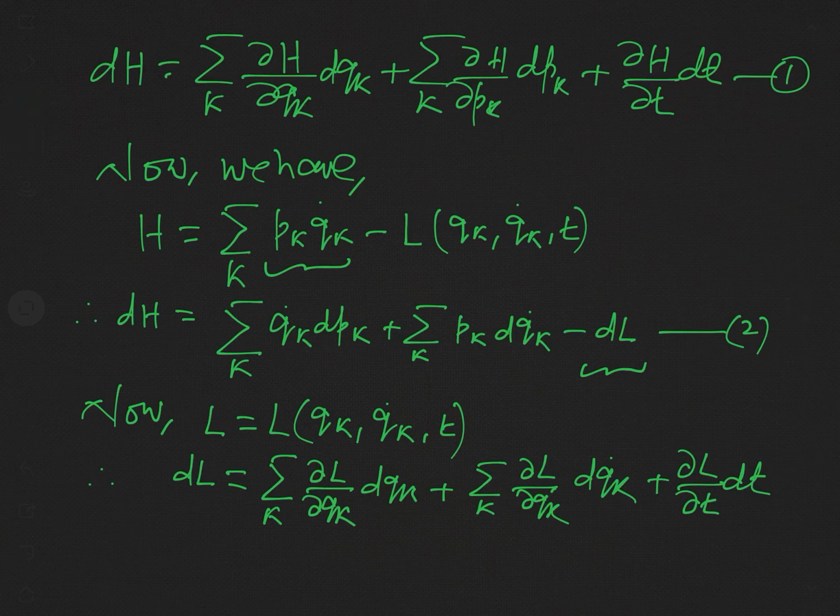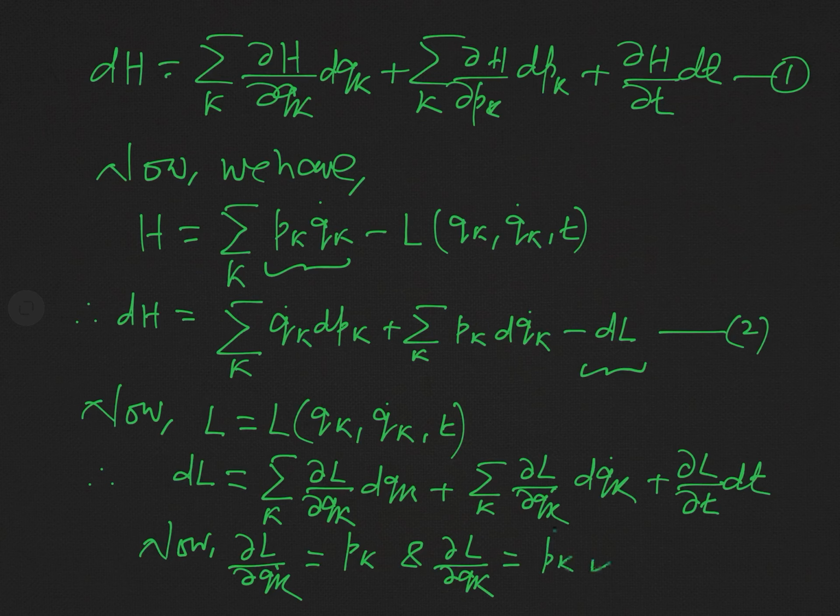Now, as you know, del L by del qk dot is actually the generalized momentum, pk, and del L by del qk is pk dot.